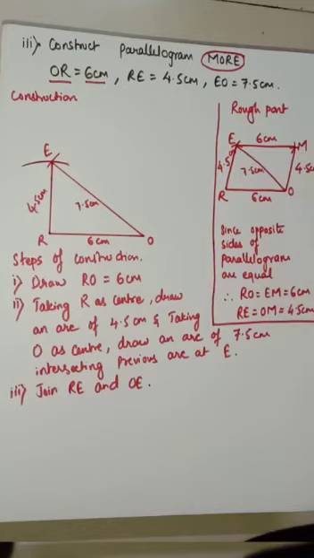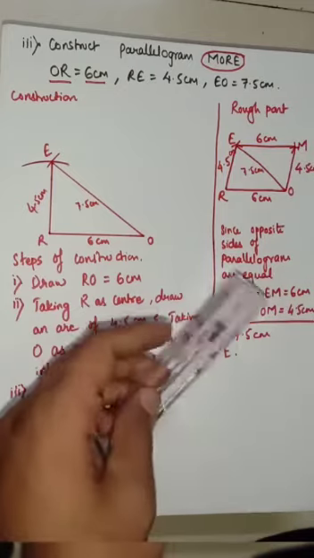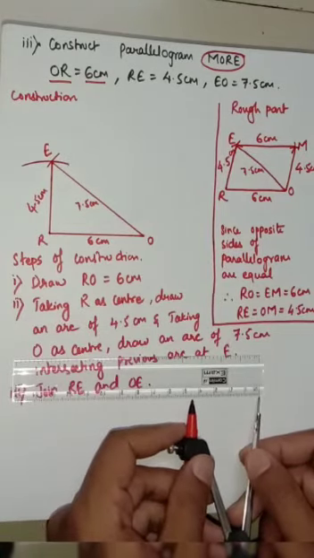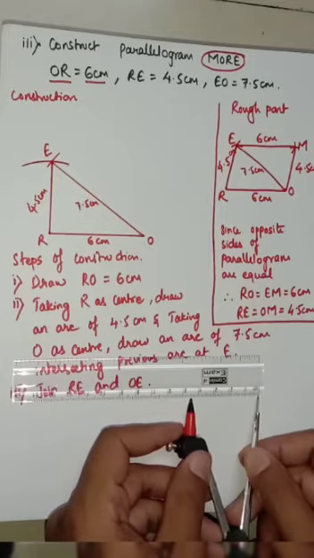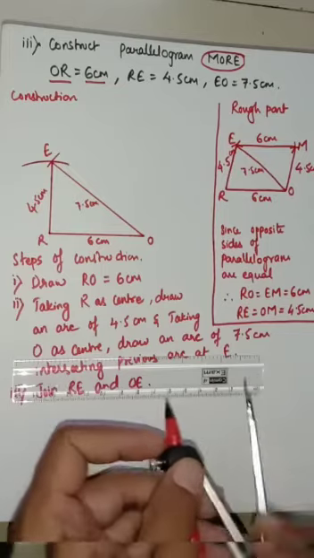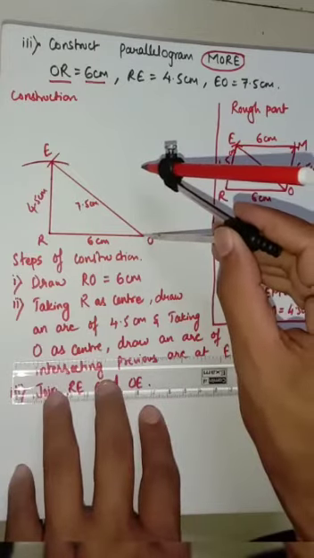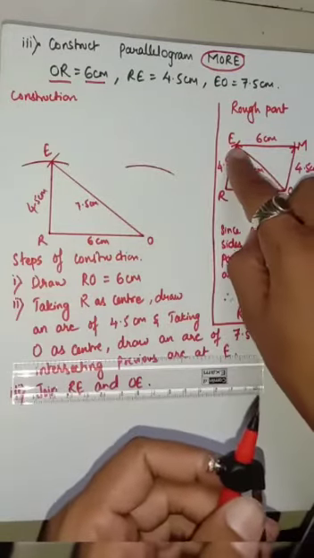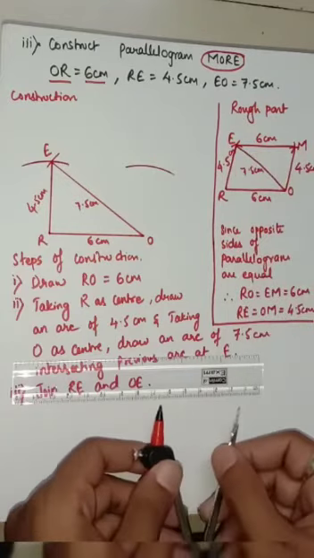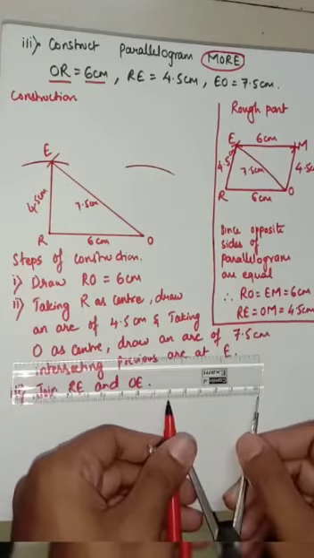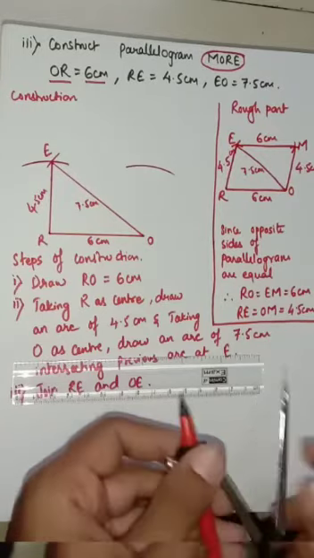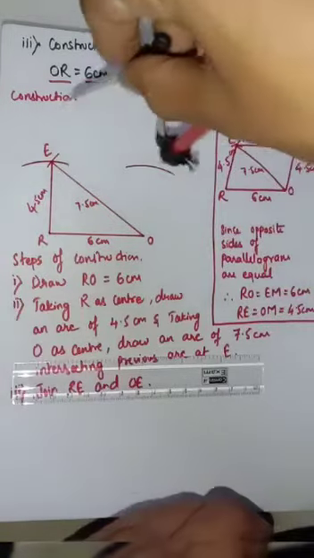This will be the point M. So from O point an arc of 4.5 centimeter, and from E point we have to draw an arc of 6 centimeter.